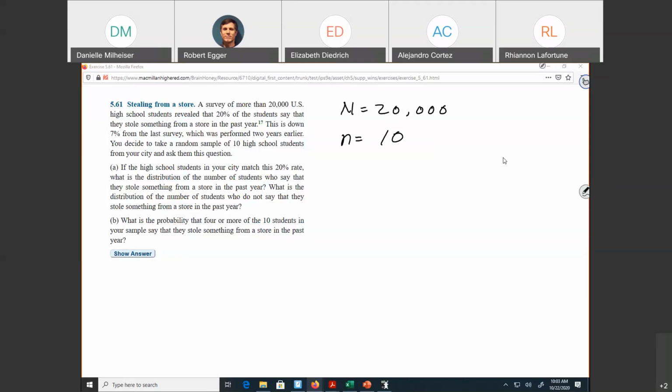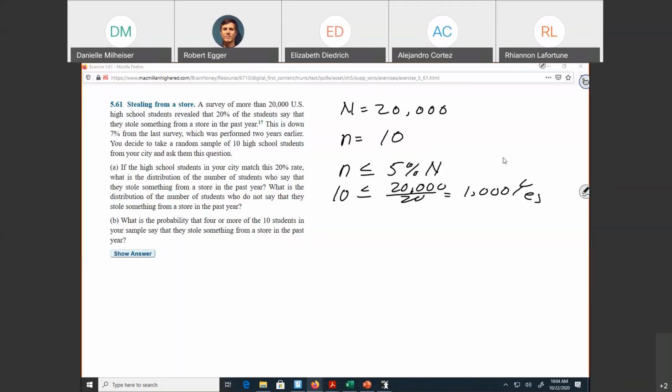Now, first check, check number one. Is 10 less than or equal to 5% of n? Or is 10 less than or equal to 20,000 over 20, which is 1,000? Yes. So you can consider a binomial. 20% of the students say they stole something from a store in the past year.